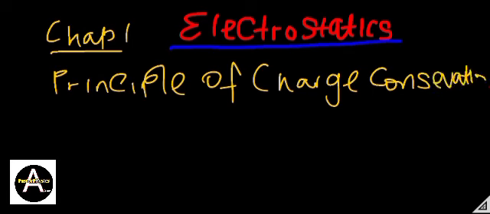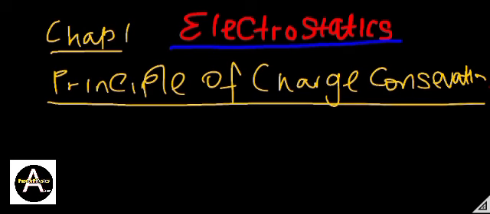All right. Now, what is the principle of charge conservation? The principle of charge conservation states that the algebraic sum of charges in any closed system is equal to 0, right? So it means that the algebraic sum of static charges in any closed system is equal to 0.